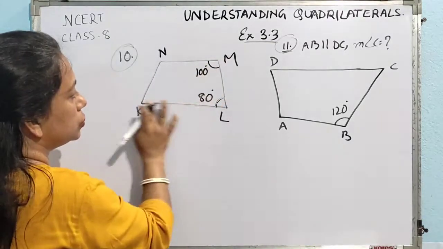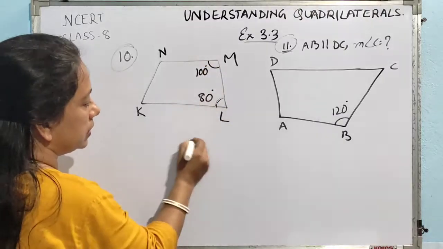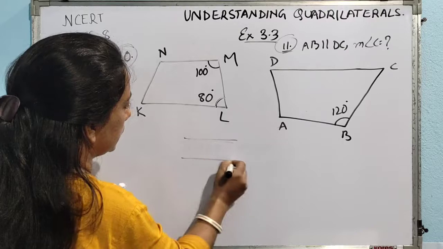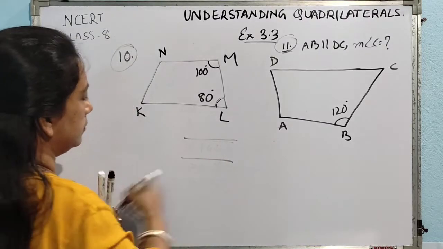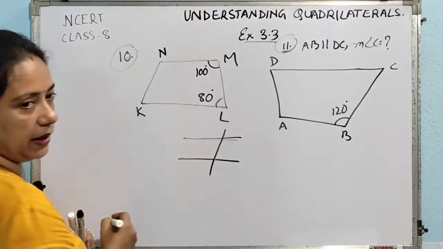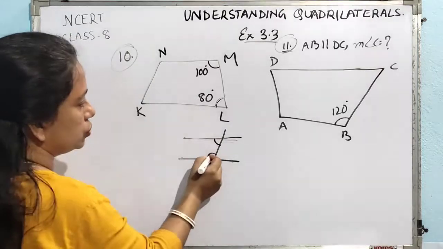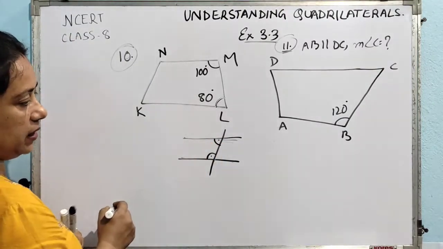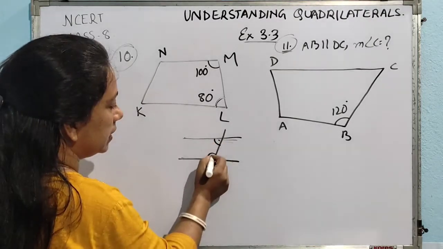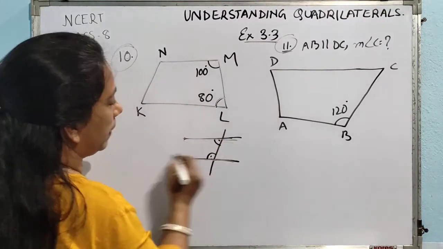And if you consider these two to be simple lines, and if you consider this to be transversal, then if you are having two lines, and if they are cut by a transversal, then these two angles are called what? Co-interior angles or interior angles on the same side of the transversal. And we know that if the co-interior angles are supplementary, then definitely this will be parallel to this.